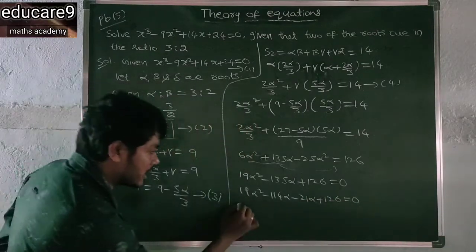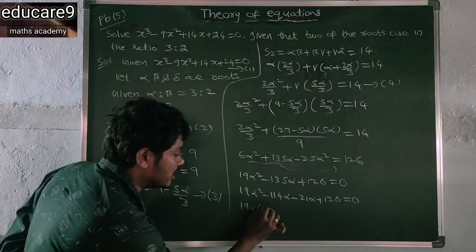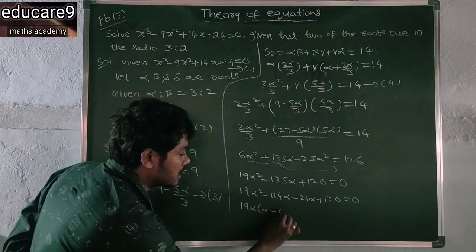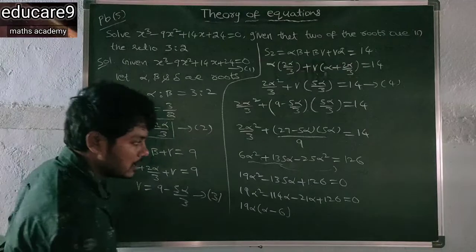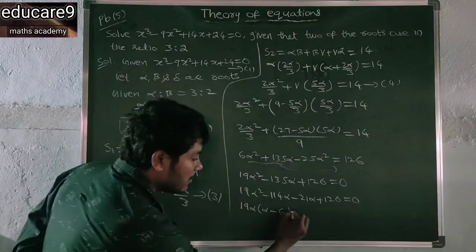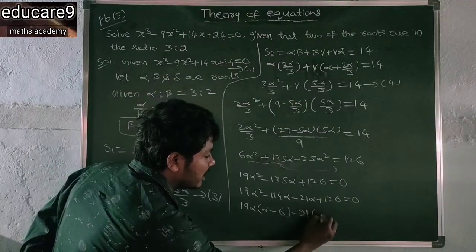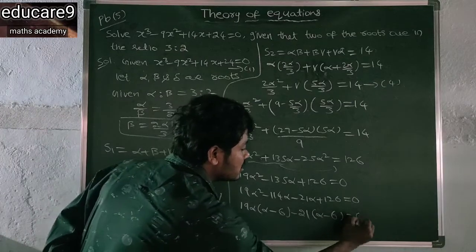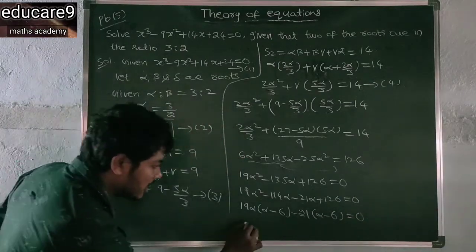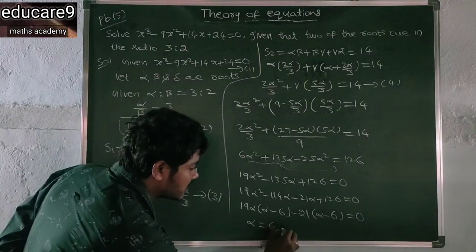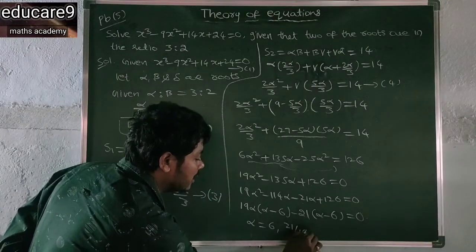Okay. So here 19 alpha is common. You get alpha minus 6. Now here minus 21 is common. You get alpha minus 6 is equals to 0. So what is alpha values? Alpha is equal to 6 comma 21 by 19.